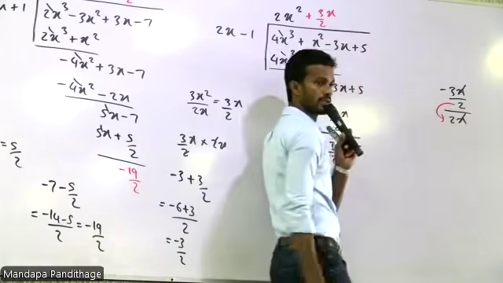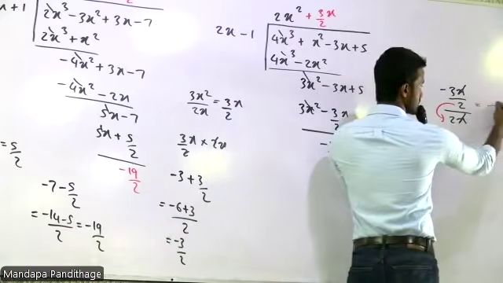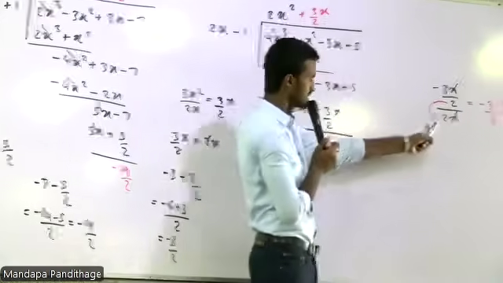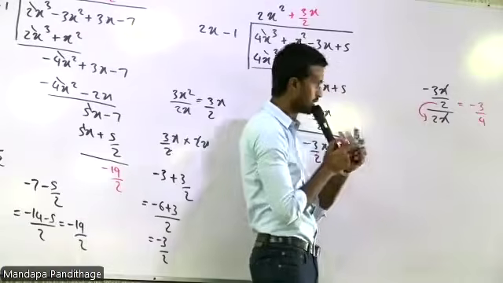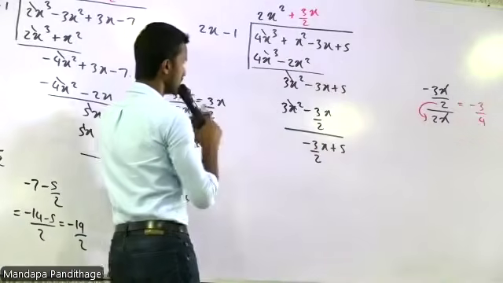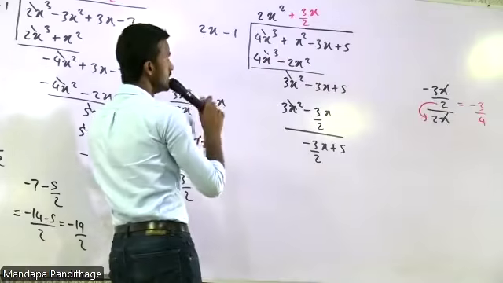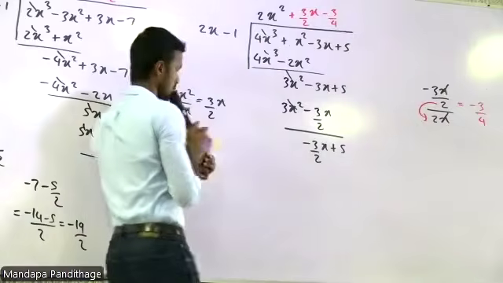No? You can use it. What is the answer? It's minus 3 over 4. So it's easier. You don't have to consider this reciprocal and simplify. This 2 directly comes down. Okay. So here, when you divide this by 2x, you are getting that answer. What is that answer? Minus 3 over 4.